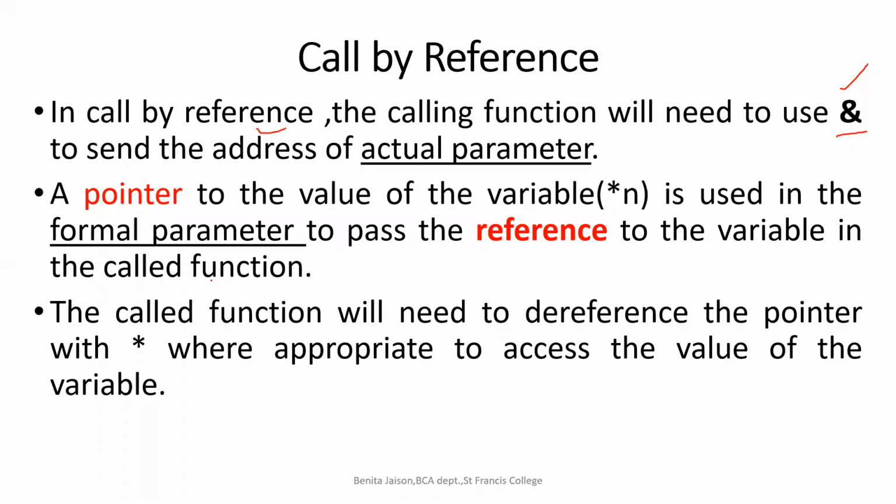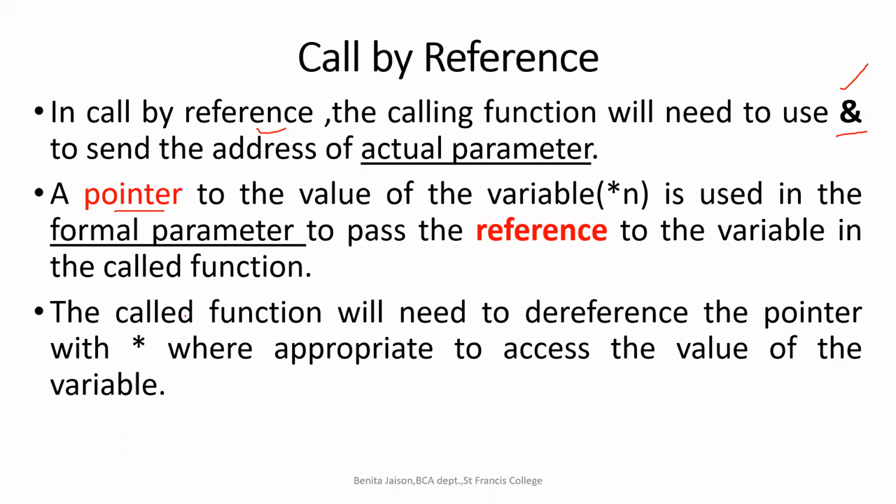Now in the formal arguments, in the function declaration, we are using a pointer to the value of the variable. You know that actual arguments will be assigned to the formal arguments. There we are using pointer variables to accept the reference to the variable in the calling function.